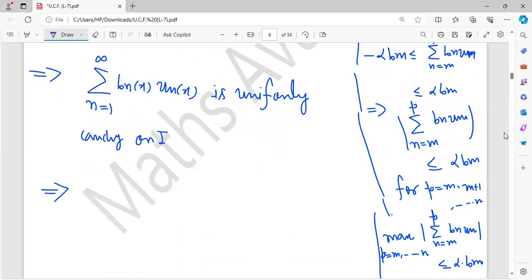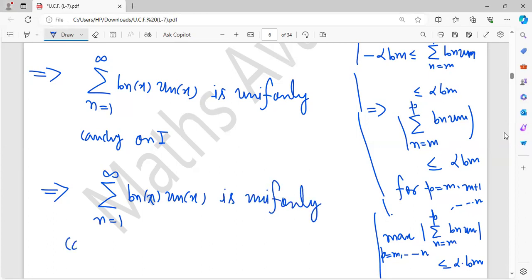So this is the series u_n(x) is uniformly convergent on I. Okay. So we have proved this result.